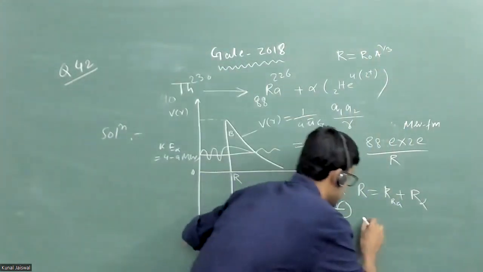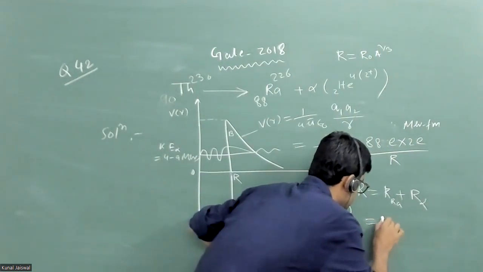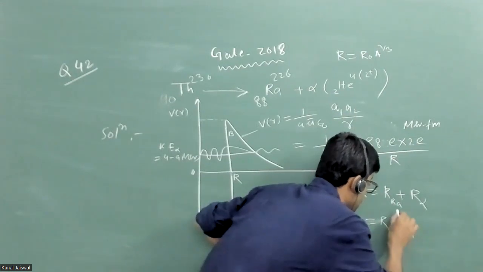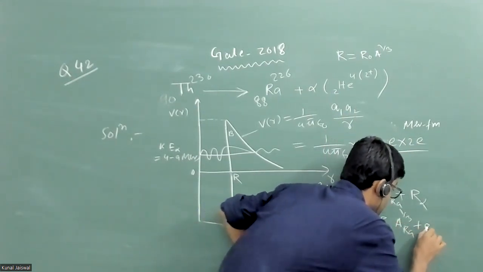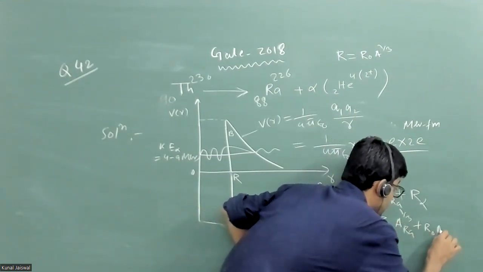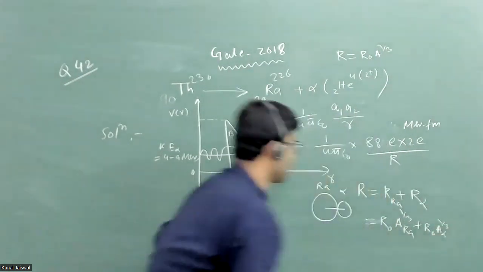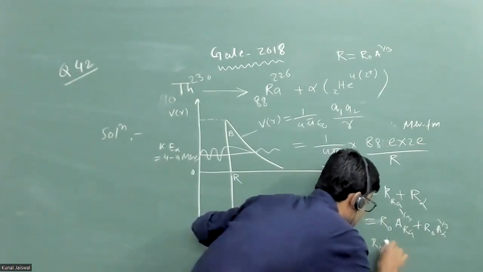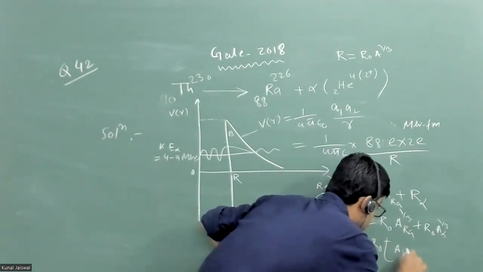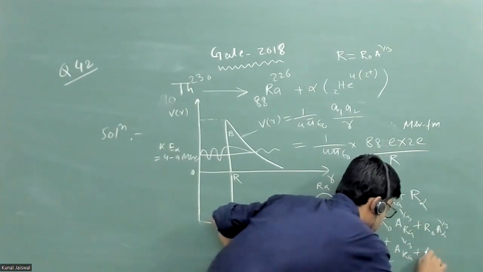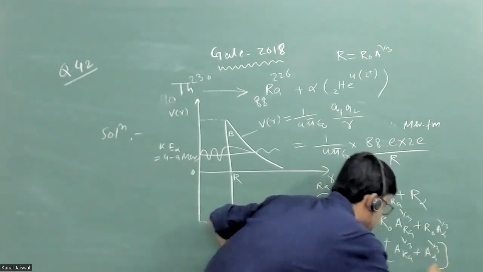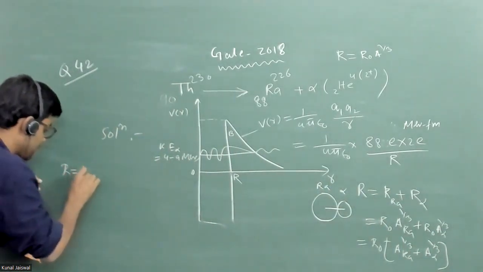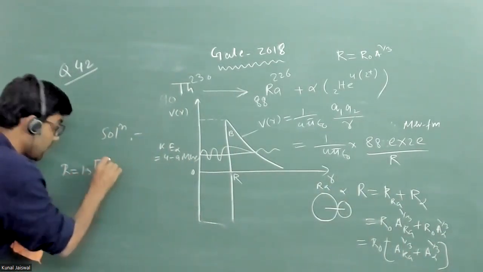So I can write R as R naught A radium to the power 1 by 3 plus R naught A alpha to the power 1 by 3. I'll substitute that: R naught times A radium to the power 1 by 3 plus A alpha to the power 1 by 3.